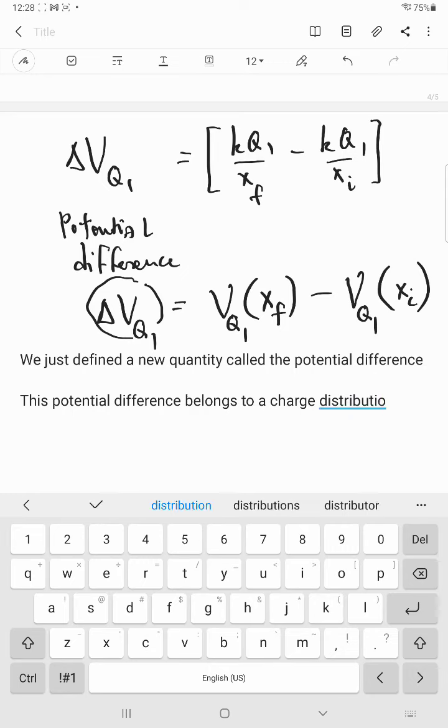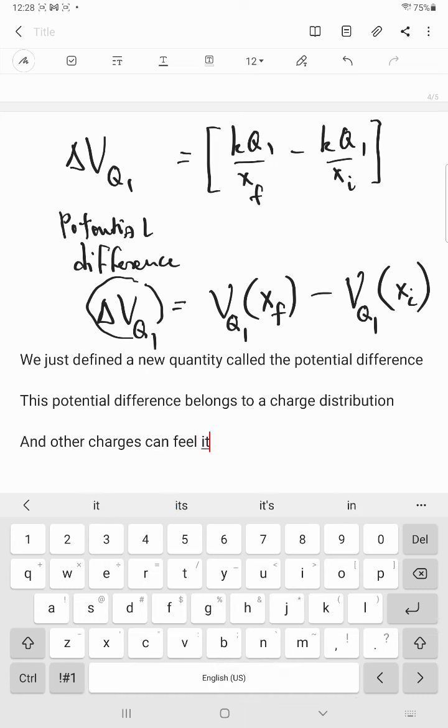And you'll see situations where you have problems of finding the potential of a particular charge distribution. So this potential difference belongs to a charge distribution, and other charges can feel it.